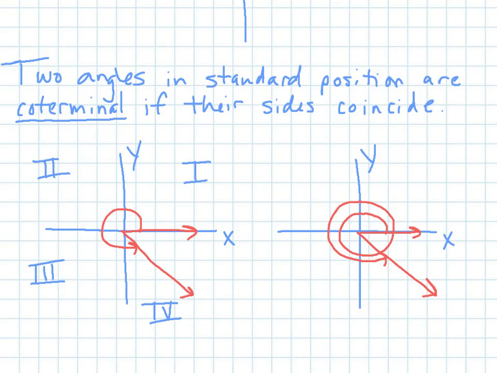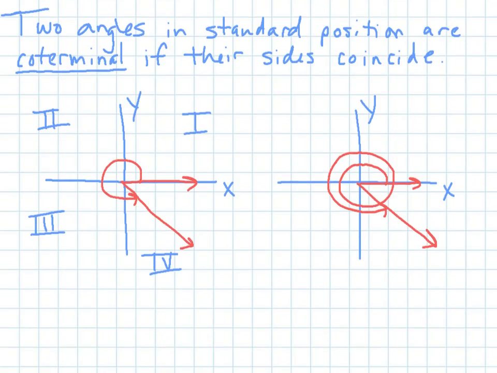Even though they have different degree angles, if we continue to add 360 around, we would get to the same spot. So we could do that again for this one on the right. We could go around again and get back to the same thing, and we'd have another coterminal angle for these two.